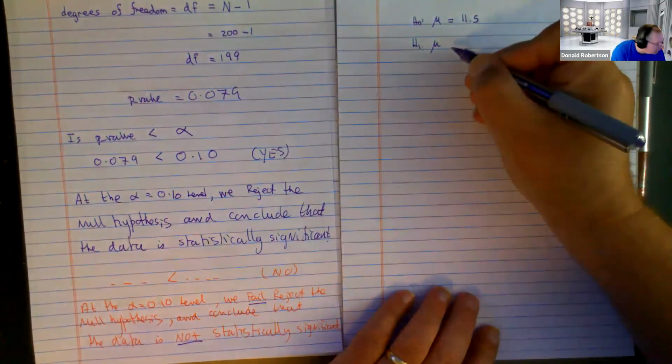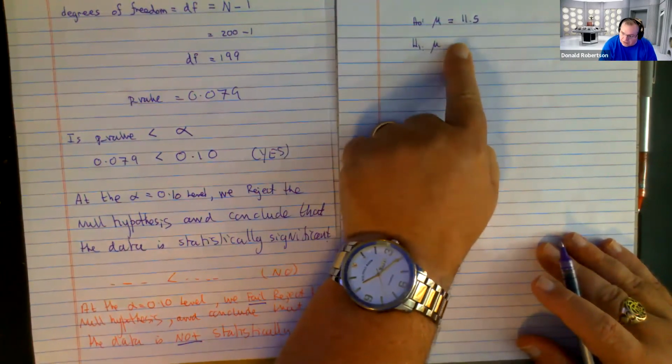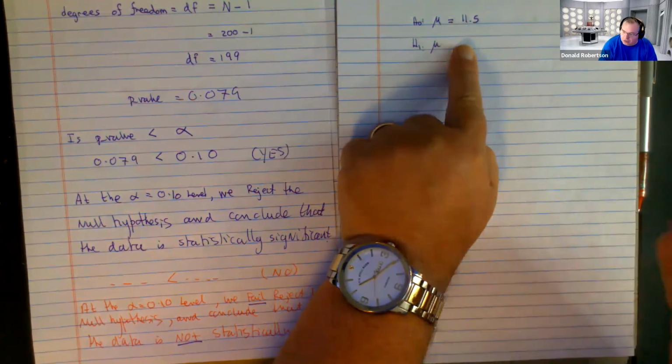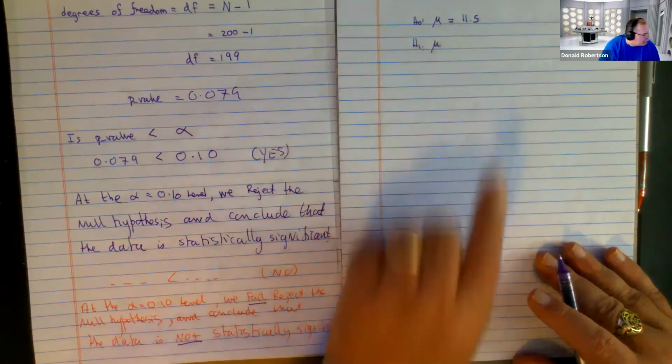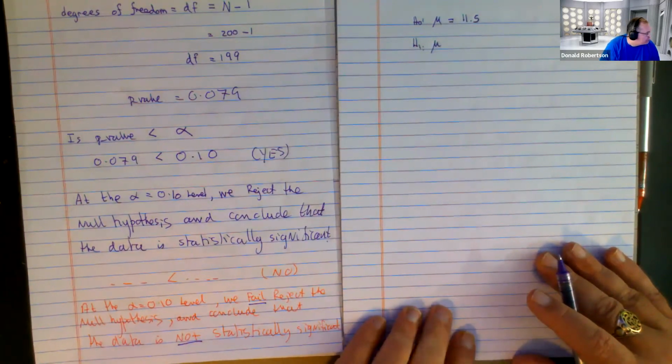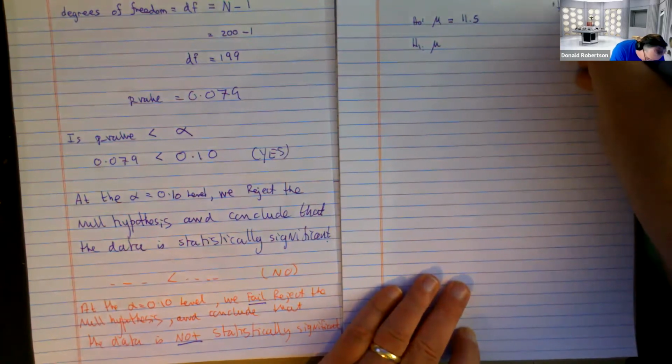And then there's going to be an alternate. And the alternate is bigger than that, less than that, or not equal to that. Right? That's always the three alternates. In this case, we're trying to prove, well, they used the word two-tailed test.